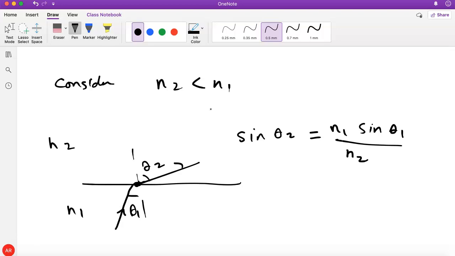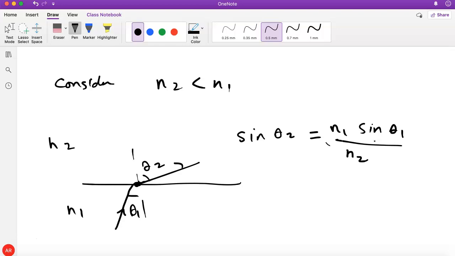But if the ratio is too big, right, n2 is smaller than n1, so n1 over n2 can be a large number. So it could be that this side of the equation becomes a number that's larger than 1. But then we want to find the angle whose sine is a number larger than 1, and there's not going to be any solution.